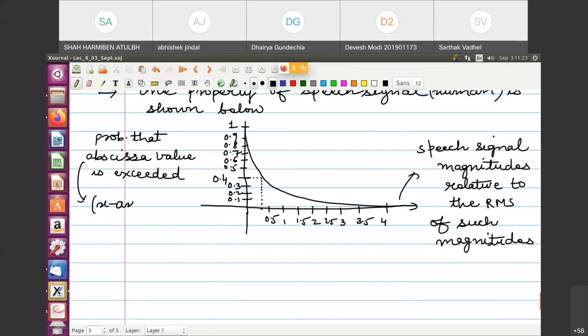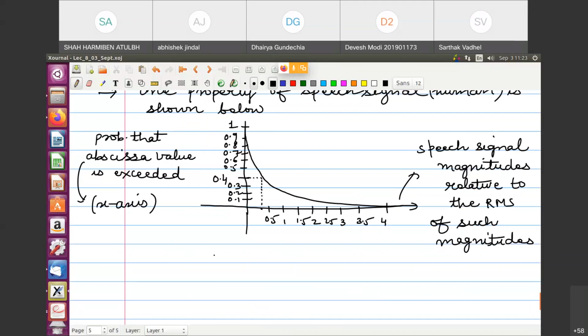So in relevance to the x-axis, the y-axis says, let us say 0.4 is the probability that this abscissa exceeds this. So you will see that after 4, this is tending to 0.